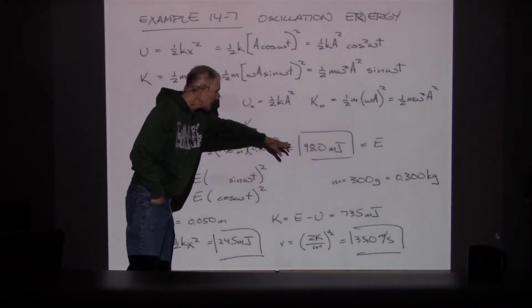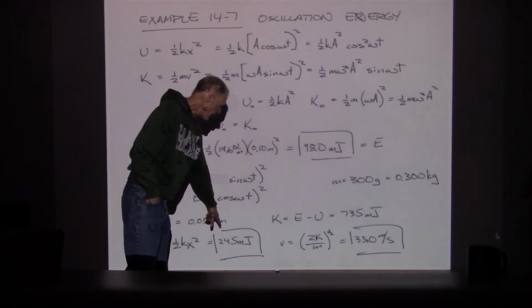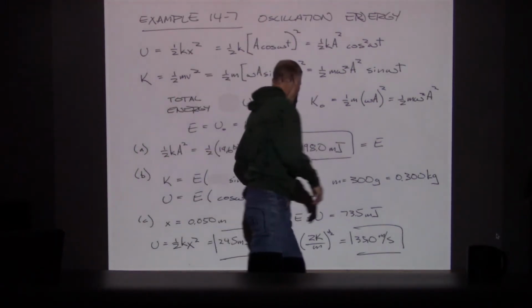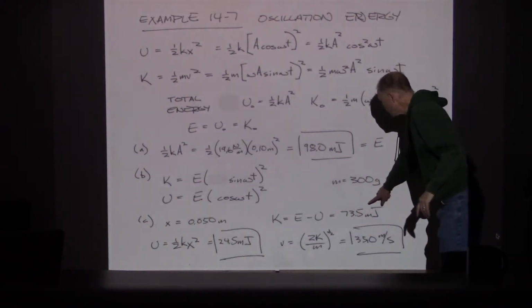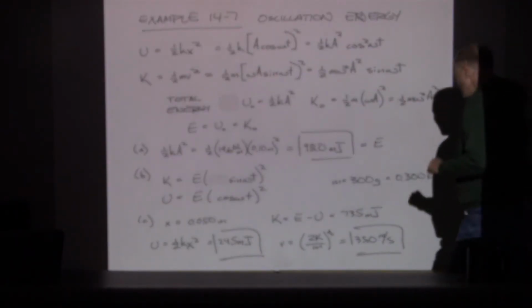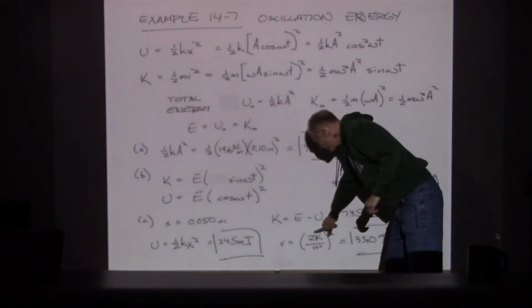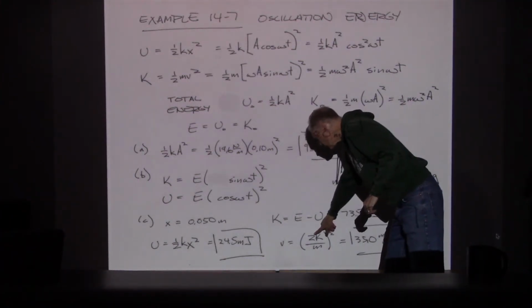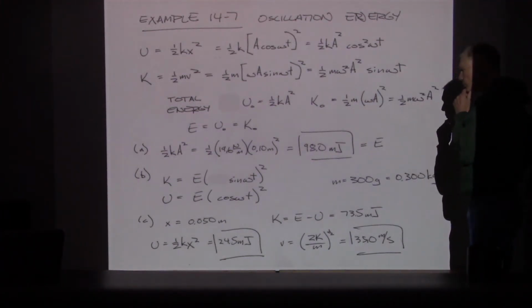Of the total 98, 24.5 are potential, and that says whatever is left would have to be kinetic. So I even went back and plugged this back into my kinetic energy formula to find out what the speed would be.